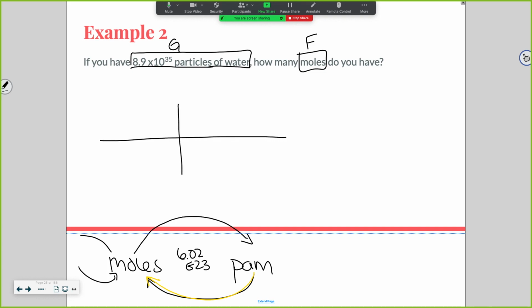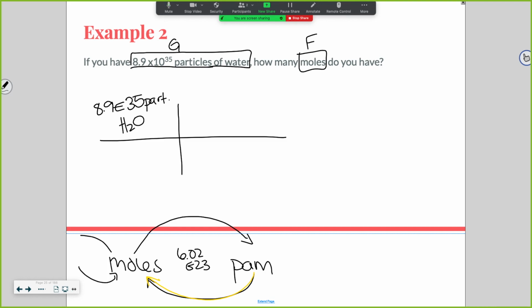Here's that one step. And I have 8.9E35 particles of H2O. Because my arrow is going down, where am I going to put 6.023? On the top or the bottom?